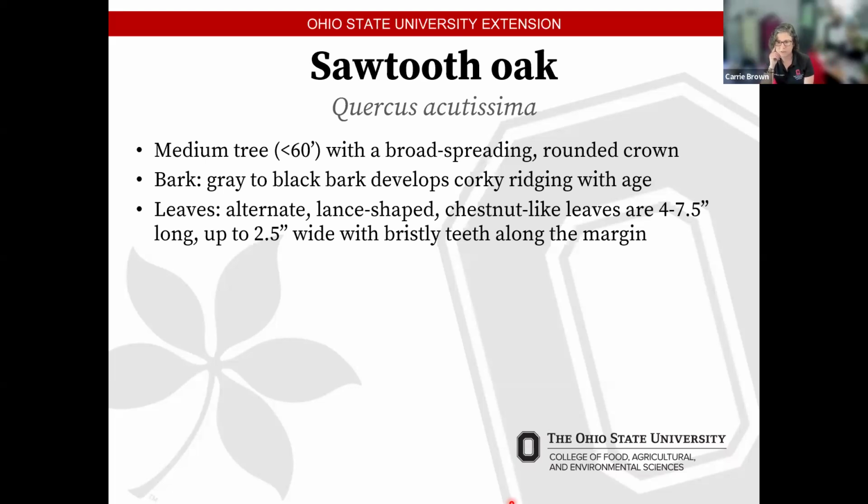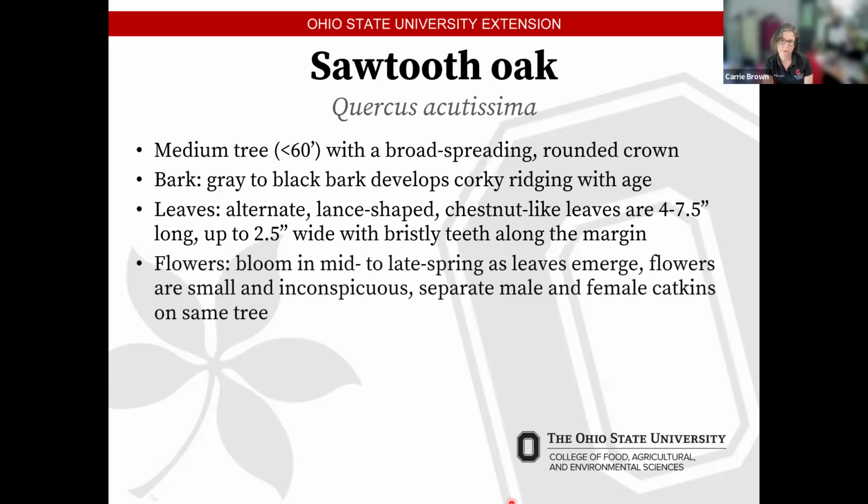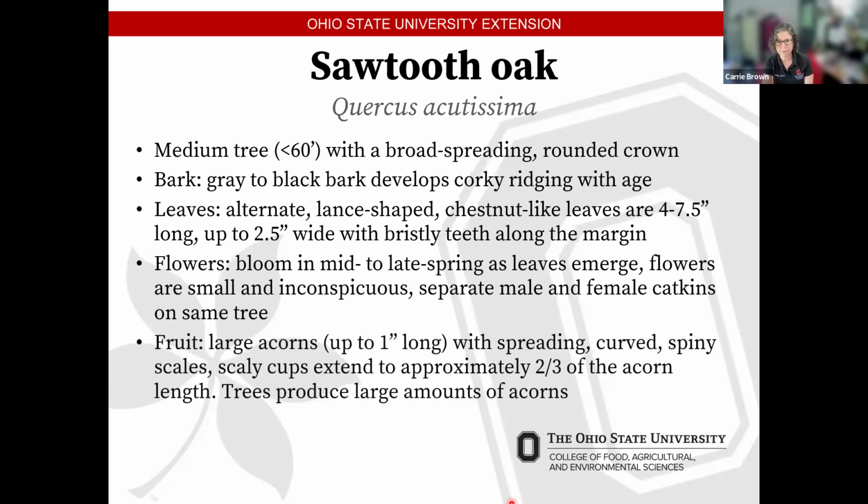It has bristly teeth along the margin, so this is in the red oak group, has those bristle tips. Flowers in mid to late spring, and produces acorns like our other oaks. It can be a very prolific producer of acorns.